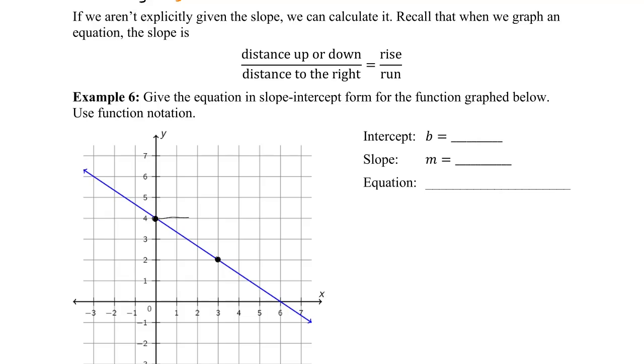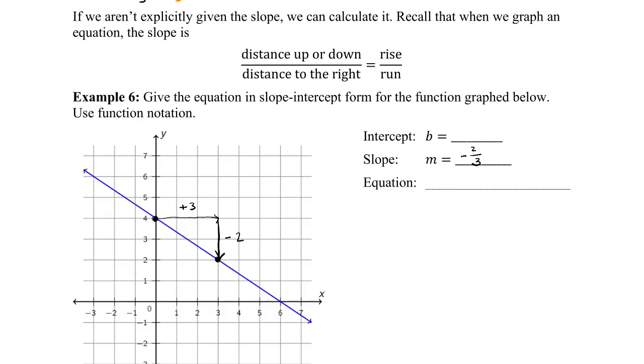We take the distance to the right to go from one point to another. This is 3. And then, in this case, to get to the next point, we have to go downward. So this is negative 2. In this graph, the slope is negative 2 over 3.